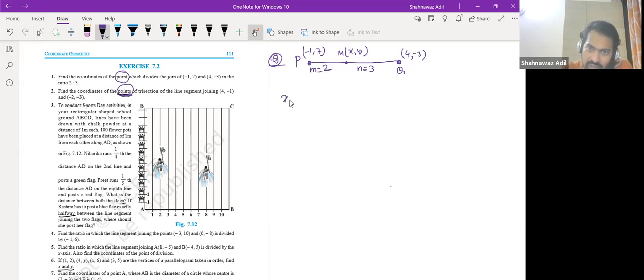So x is mx2 plus nx1 divided by m plus n, and y is my2 plus ny1 divided by m plus n. So please calculate and tell me what we get.